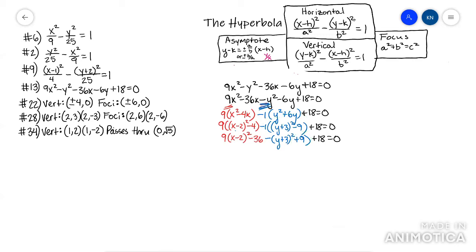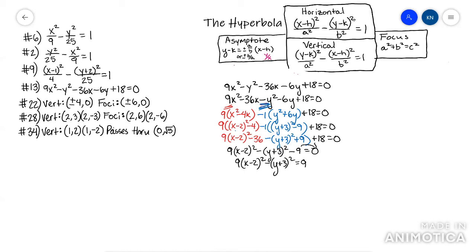Okay, now I would kind of clean it up a little bit by combining like terms. Now I'd send the 9 over. Then you want to divide by 9 because you want this thing equal to 1. So my final equation would look something like this.